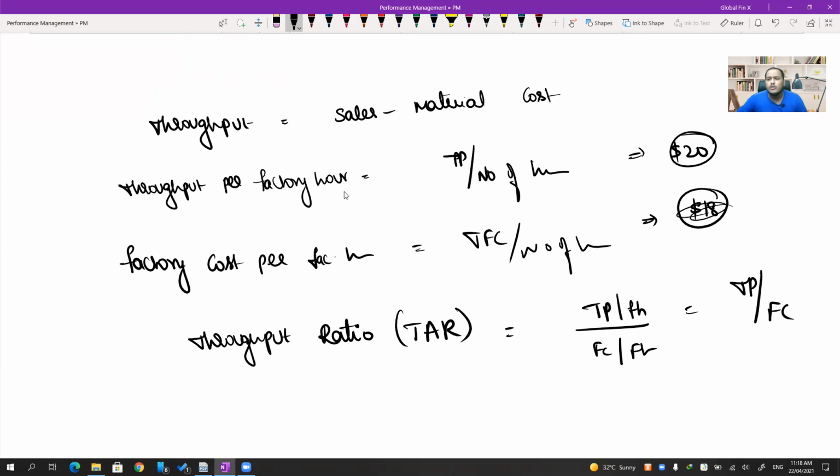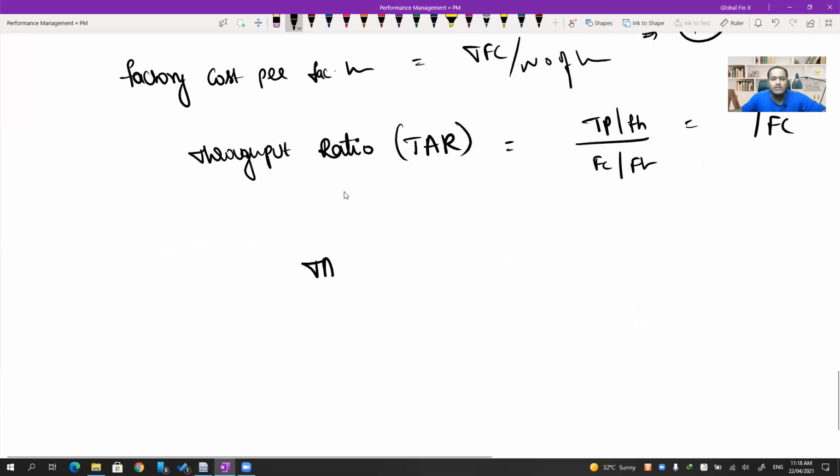So basically, if your throughput accounting ratio is more than 1, that is good for the company. If 20 is more than 18, then obviously 20 by 18 will be more than 1. So if your TAR, throughput accounting ratio, is better than 1, it is favorable, and your company is running in profits. If it is less than 1, you are unfavorable.